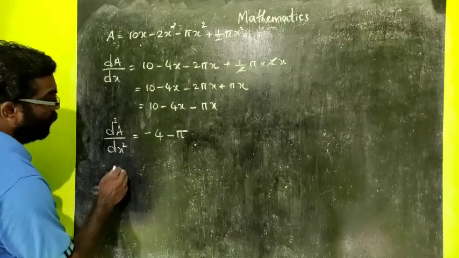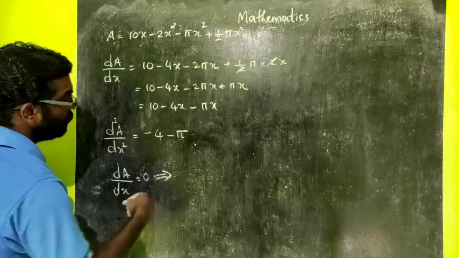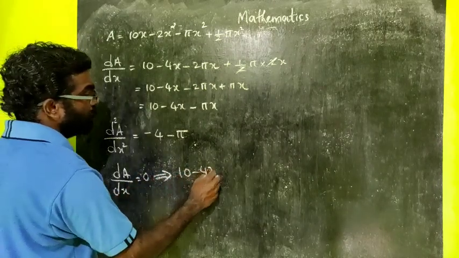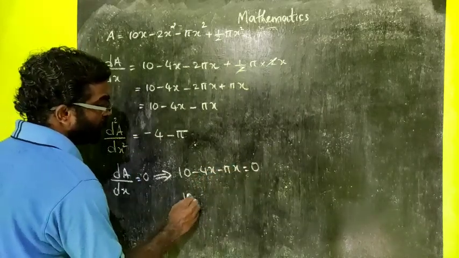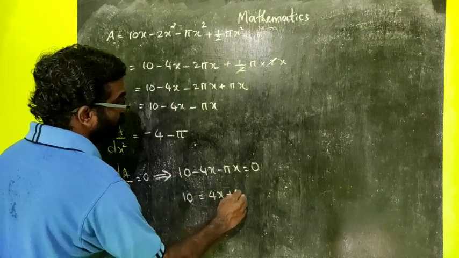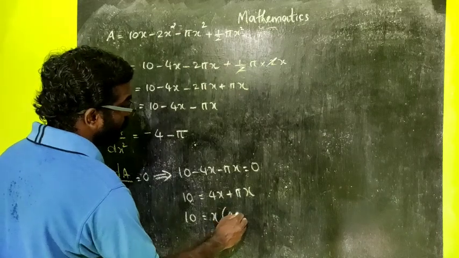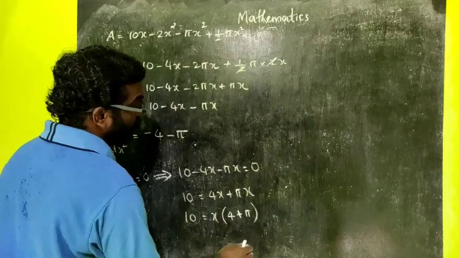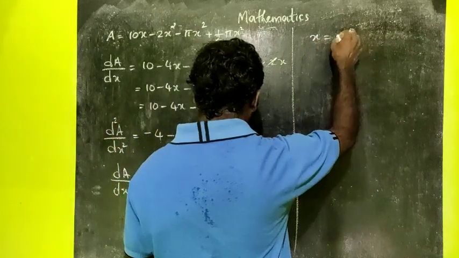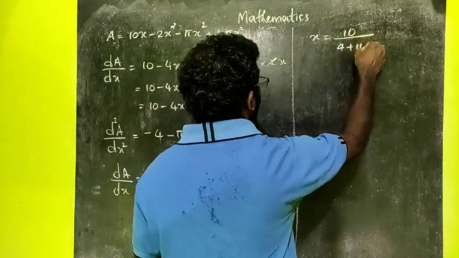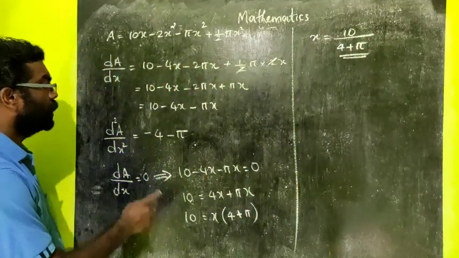And dA by dx equal to 0 implies 10 minus 4x minus pi x is equal to 0. Or we can write 10 is equal to 4x plus pi x. We can take x common, x into 4 plus pi. So x is equal to 10 by 4 plus pi. Now we can replace the value of x in the second order derivative.